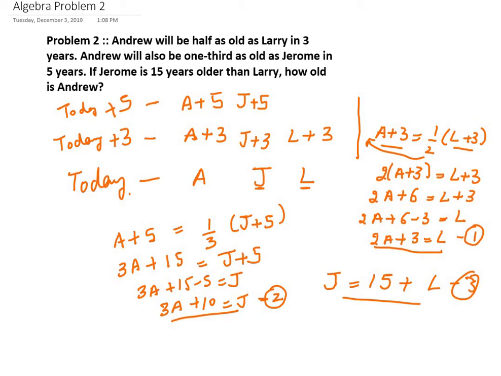So let's put this third equation over here so that we have one relation between A and L, and we already have another relation between A and L. We can use those two equations to solve for A and L. So if we put the value of J in the second equation, it will become 3A plus 10 is equal to 15 plus L. So if I take this 10 to the right side, 3A will be 15 minus 10, which is 5, plus L. So let's say this is the fourth equation.